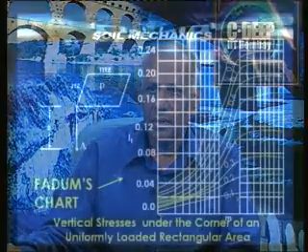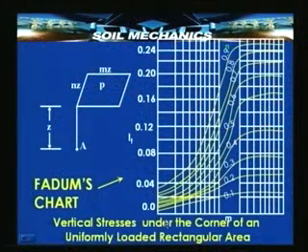See here, this is the chart known as the Fadum chart which gives the influence coefficients for a rectangular area of non-dimensional values n z, m z at a point A at a depth z. Now, this requires that we should pay attention to the point that the desired point at which we want the stress is directly below one of the corners.